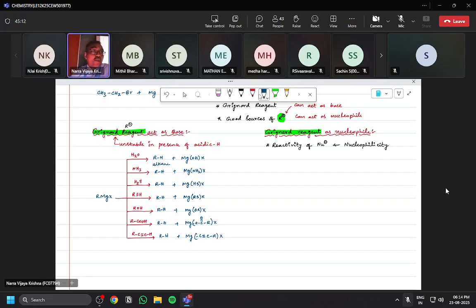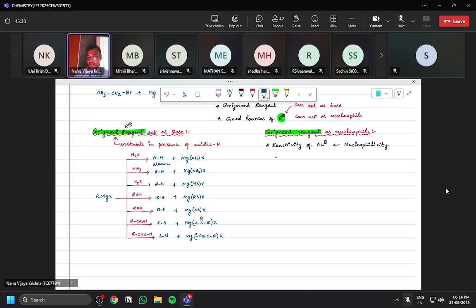Right? Which type of species behaves as a better nucleophile? Condition 1: negatively charged species will be better nucleophiles than neutral species. For example, if I write OH minus, its nucleophilicity is greater than H2O.